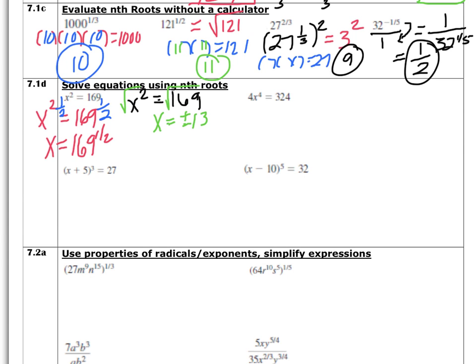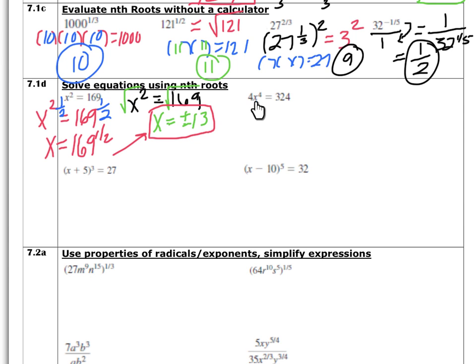Well, 169 to the 1/2 power is the exact same thing as the square root of 169. When you solve that, you are going to get the exact same answer as x equals plus or minus 13. Don't forget the plus or minus, because I can put a positive 13 in here and square it, and I can put a negative 13 in here and square it, and still get 169.